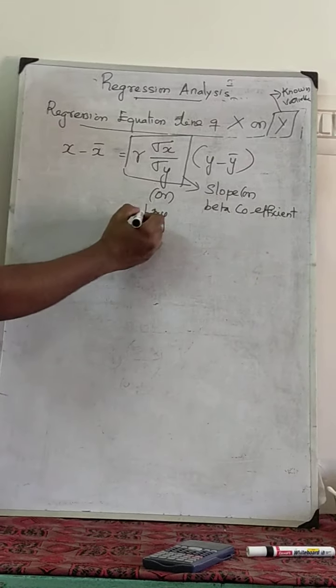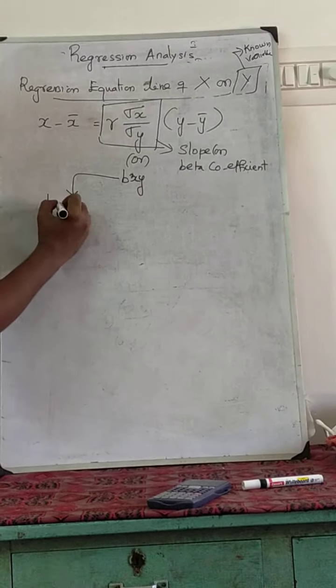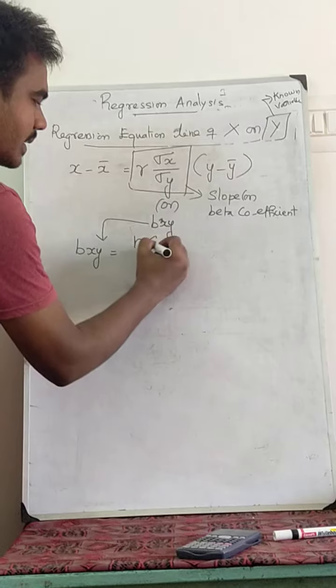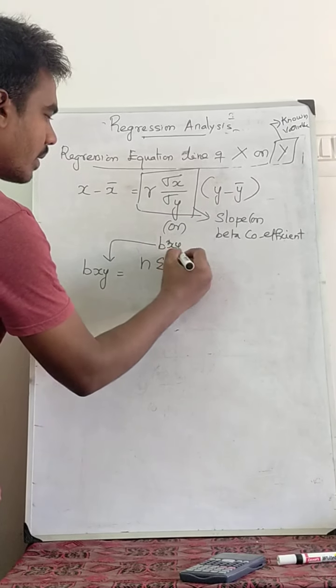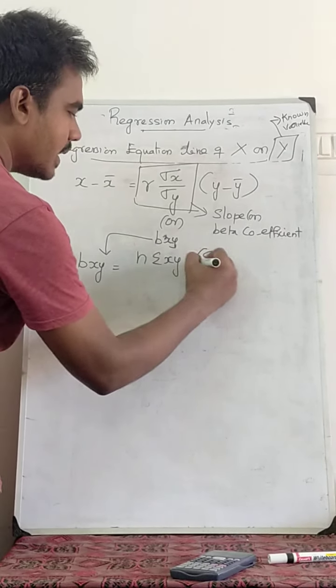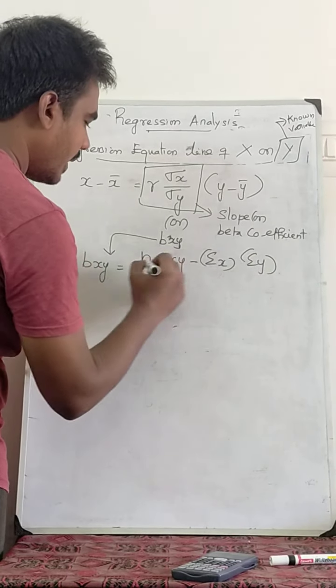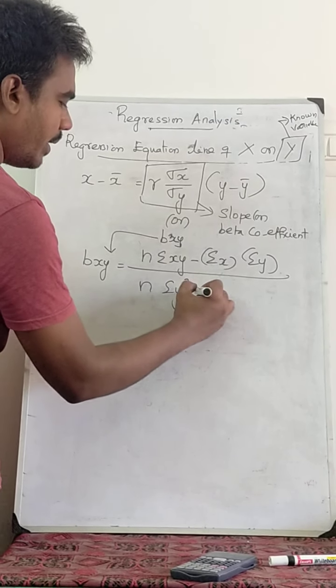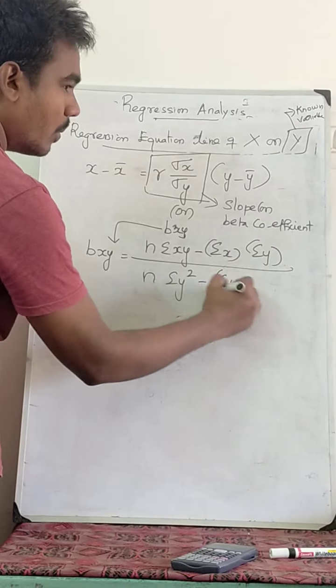So how to find out this bxy? Bxy equals n into sigma xy minus sigma x sigma y divided by n into sigma y square minus sigma y whole square.